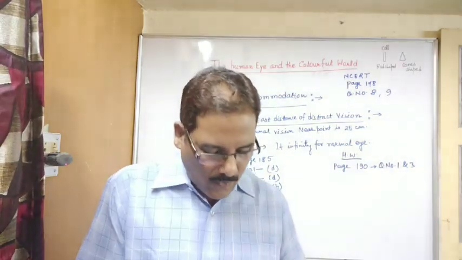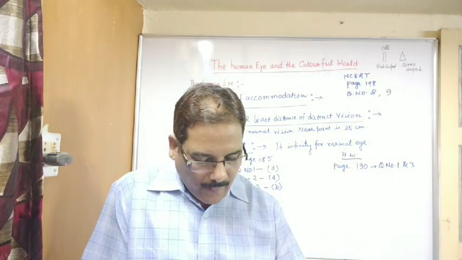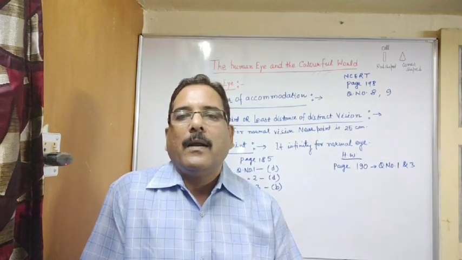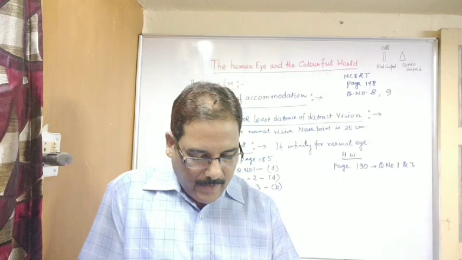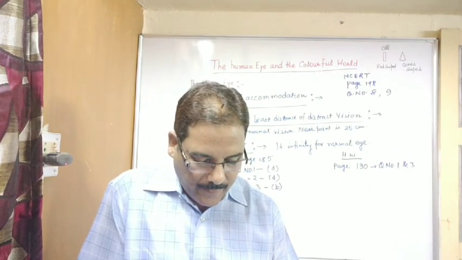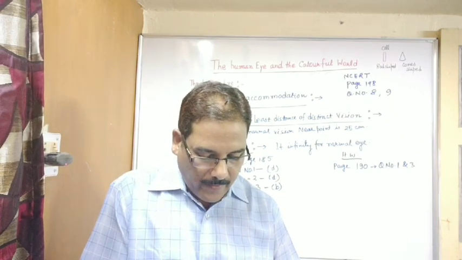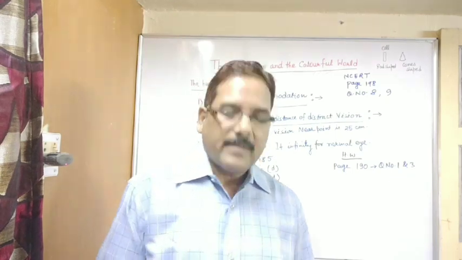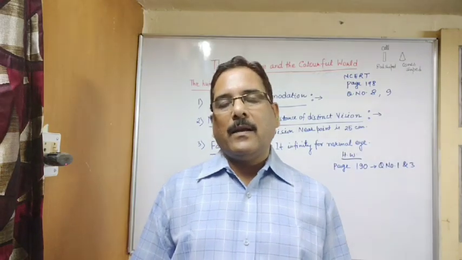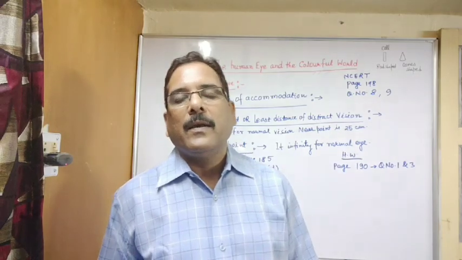Then question number 4, a spherical mirror and a thin spherical lens have each focal length of minus 15 centimeter. The mirror and the lens are likely to be, so it is based on sign convention. So which mirror has negative focal length? So obviously it is a concave mirror.